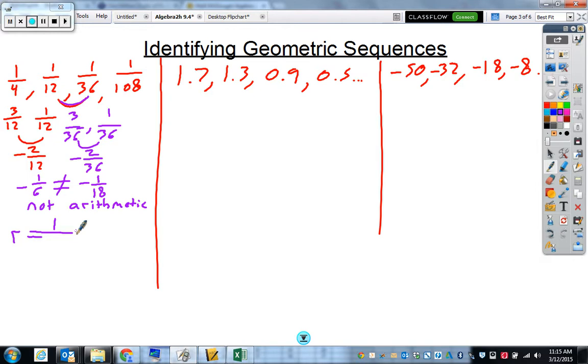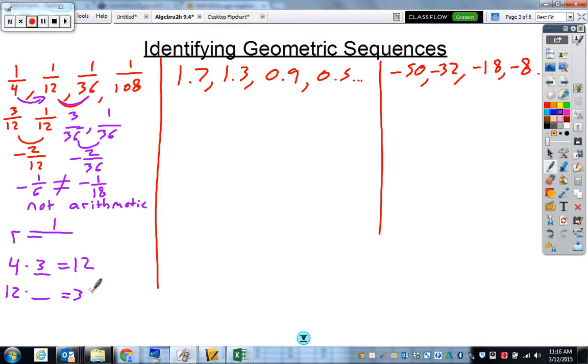Well, to go from 4 to 12, 4 times what equals 12? Well, 4 times 3 equals 12. And then 12 times what equals 36?